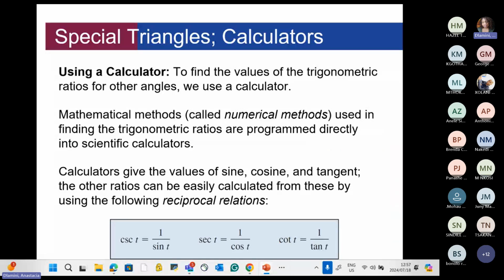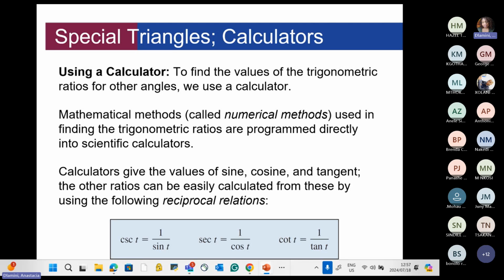Now they say using a calculator. In this case, we're not using a calculator in our module, but let's just read. To find the values of trigonometric ratios of other angles, we use a calculator. Mathematical models called numerical methods used in finding the trigonometric ratios are programmed directly into your scientific calculators. That's why I don't want you to use a calculator.